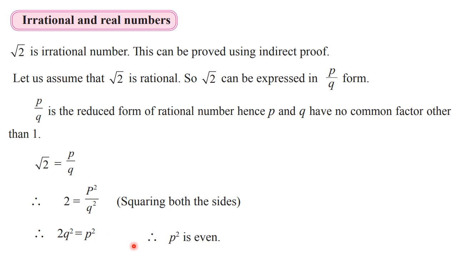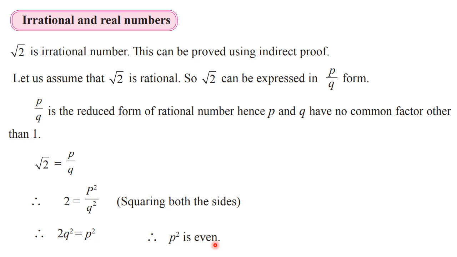Okay. Now since p square is even, p has to be even. Because we have studied this also, that the square of an even number is even. Therefore, we can say that if p square is even, then p is also even. You can recall the squares.